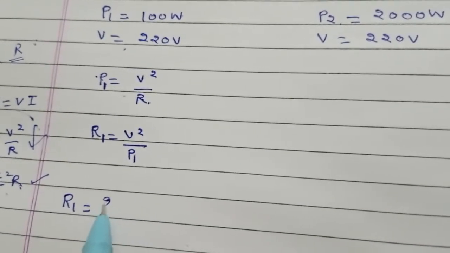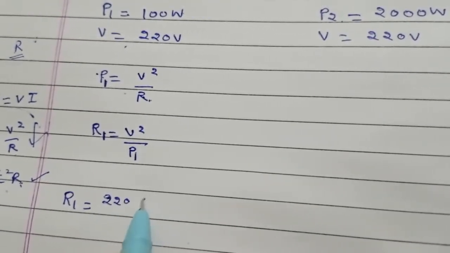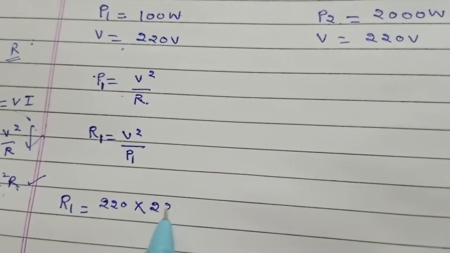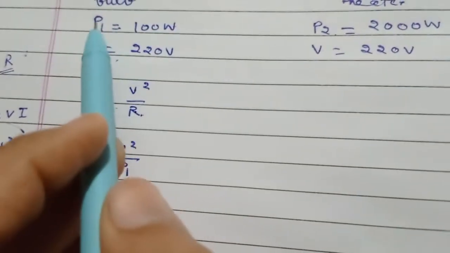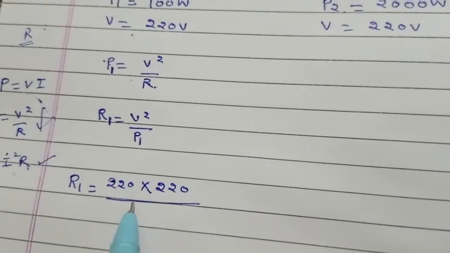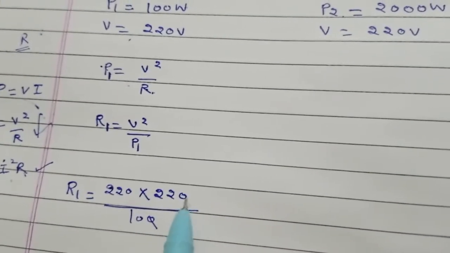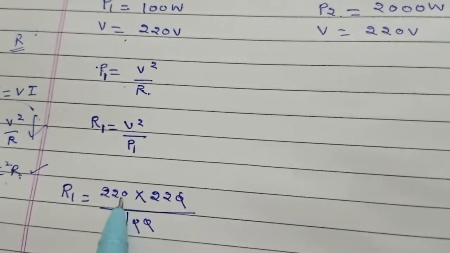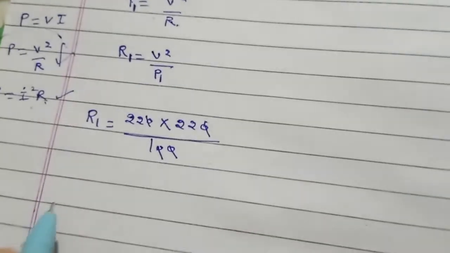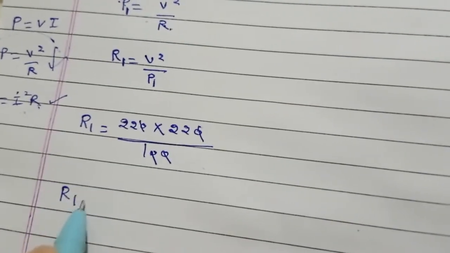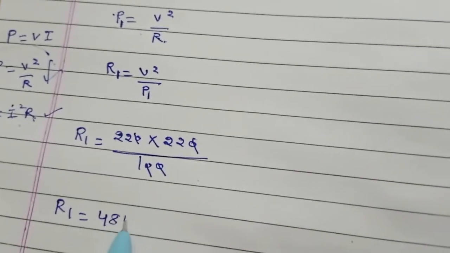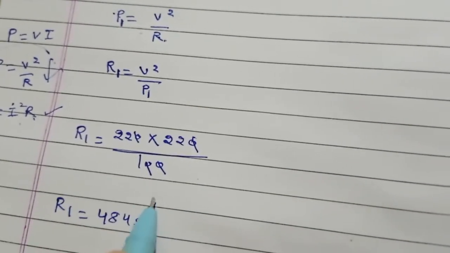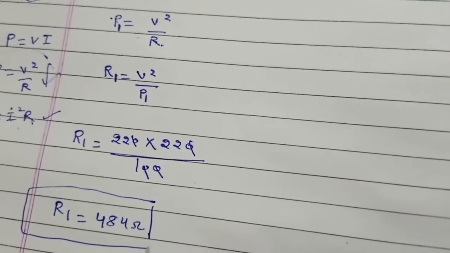Since there is the V square, so we will write 220 into 220 divided by P1. What is the value of P1? 100. After calculation, okay, calculation is easy. You will get 22 into 22 is 484 ohm.